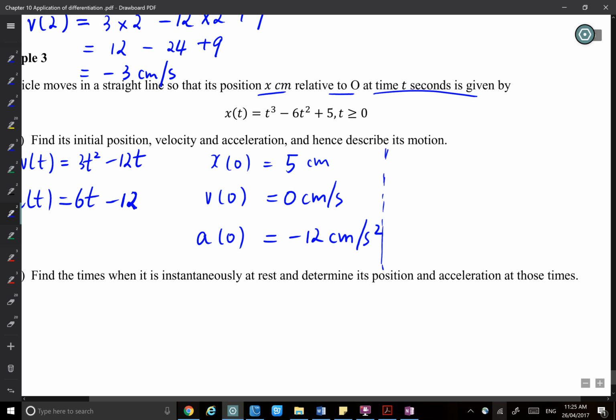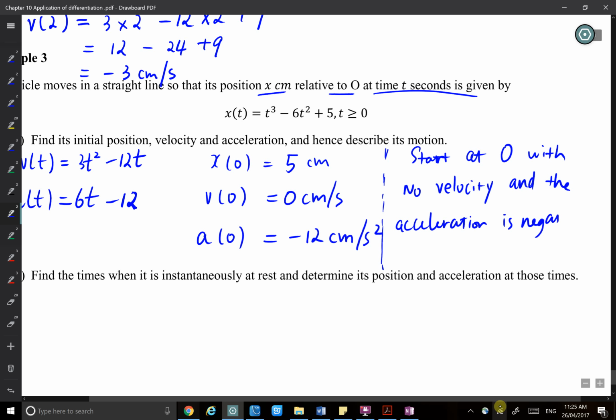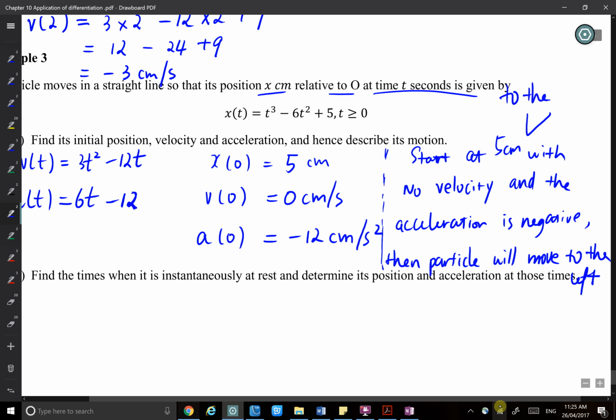The particle starts at 5 centimeters to the right of the origin.